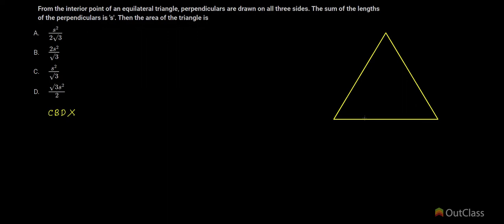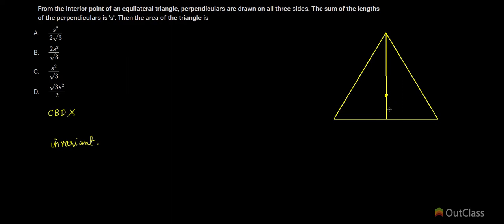So take the most convenient point that you can take. It's basically invariant of the actual position of the point inside the equilateral triangle, and so that most convenient point has to be the centroid, which is also the circumcenter and the incenter and the orthocenter as far as an equilateral triangle is concerned.